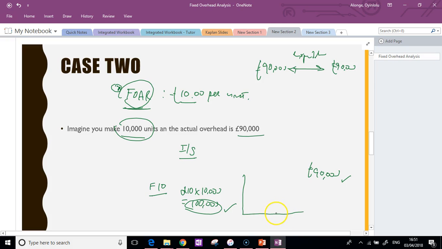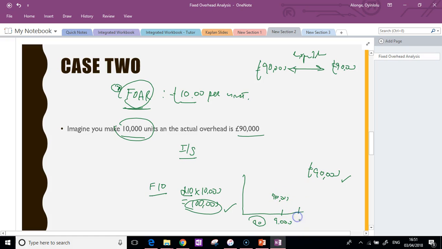It's just because you made more and you've attached a rate to it. So what you now have is a £10,000 difference based on the extra 1,000 units. Because when you stopped at 9,000 units and you were using £10, you got to 90,000. Everybody was happy. It matched what actually happened.